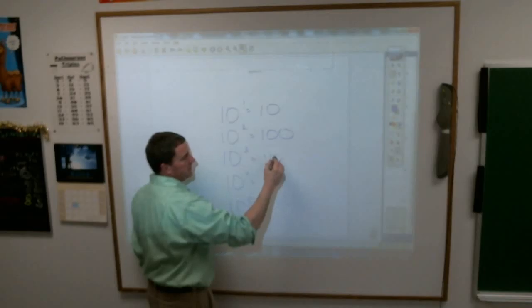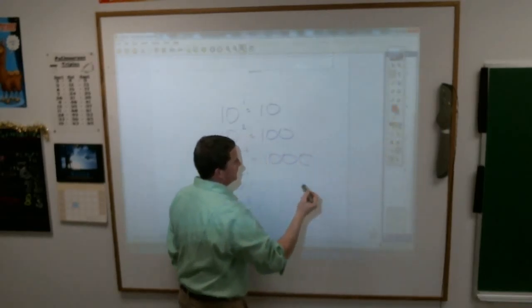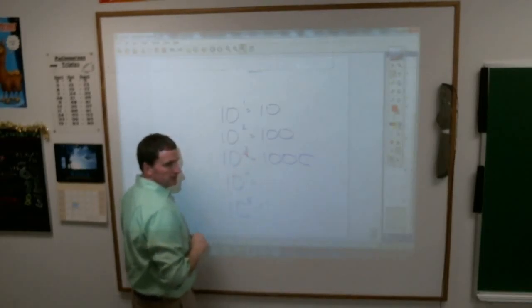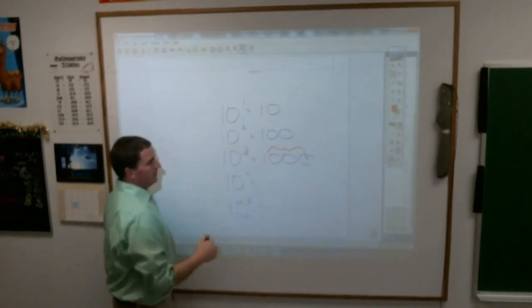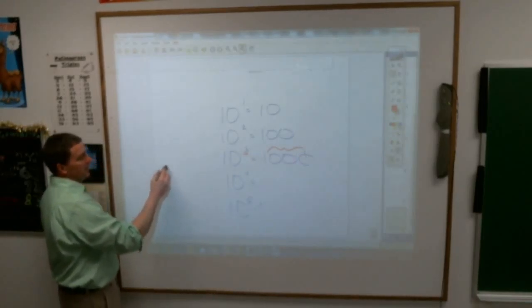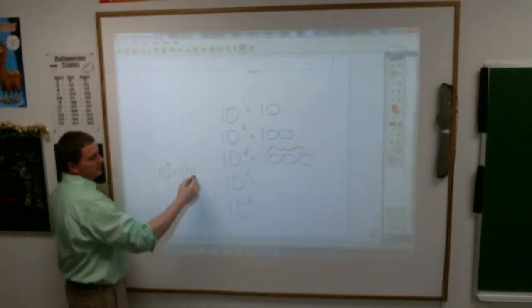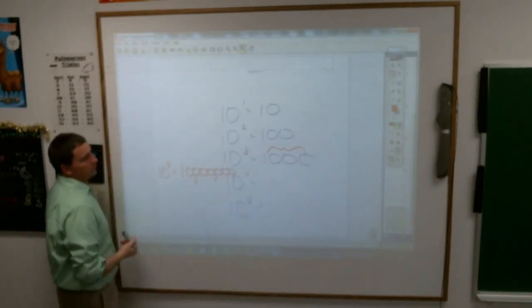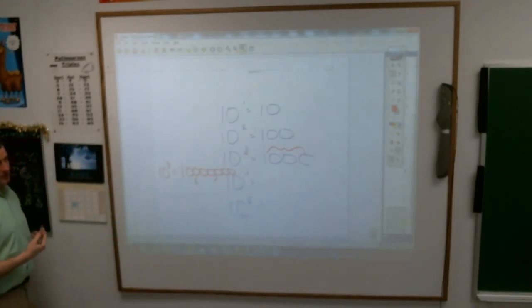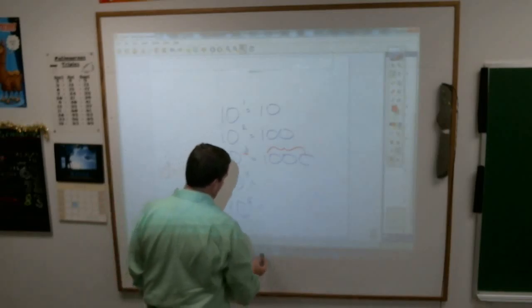And hopefully you can see the pattern here. When you deal with 10 specifically, whatever the exponent is, that's how many zeros will come after the 1. So rather than thinking about it, if you had 10 to the 8th power, you just know it is a 1 with 8 zeros after it, or 10 million. Just as something that kind of happens quite a bit. Unfortunately, that's not all.